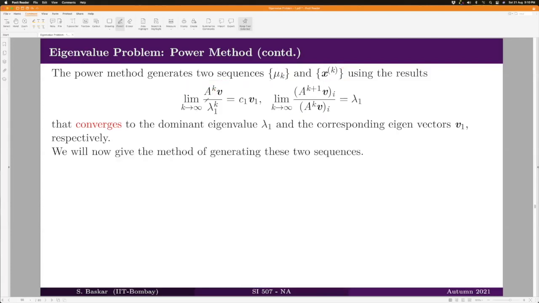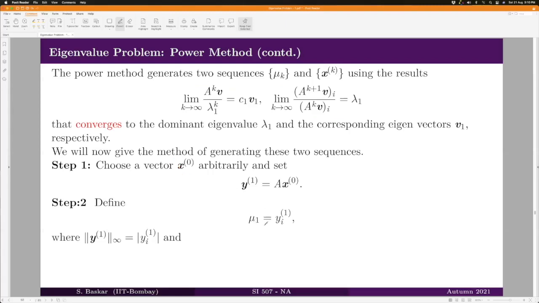So let us give these two sequences more precisely. You choose a vector x0 and multiply A with x0 and call this y1. Now with y1, you finally have to choose one component here, right? That component, instead of choosing randomly, you do it in a particular way.